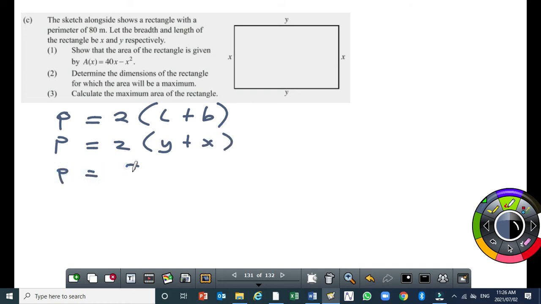Eventually, I can write this as 2y plus 2x. So that's my perimeter. Now, when you're doing these questions, your knowledge of perimeter is required, area is required, volume is required. Surface area is also required.